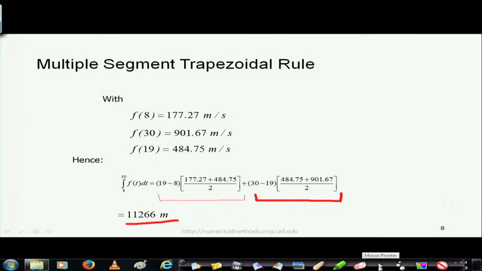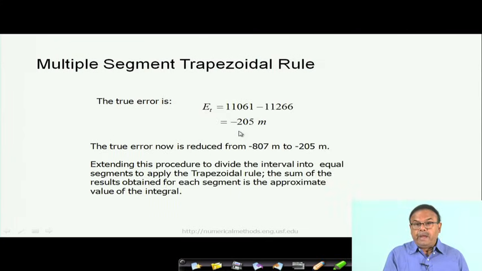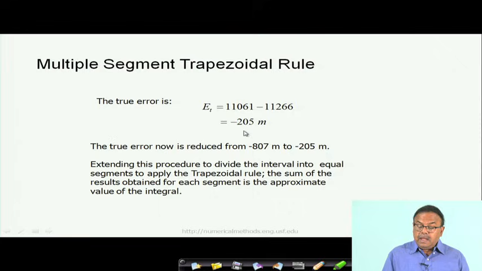Now, how far is it from the actual? We can see that the true error has now reduced from 807 meters to 205 meters. So, that tells us that if we extend this procedure and fit in more and smaller trapezoids, my error will come down further still.